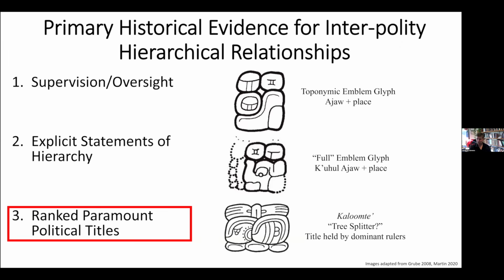I saw tree splitter as a potential reading of what this means, but kings start describing themselves using this title that is identifying something that's above and beyond just normal kingship. And sometimes those people are using emblem glyphs, so they're basically the sovereigns or recognized rulers of kingdoms, and sometimes they're not.